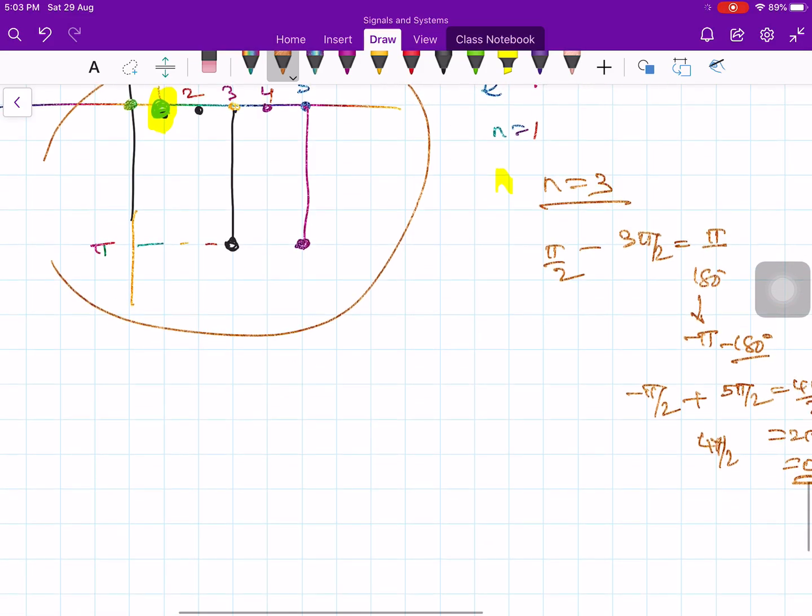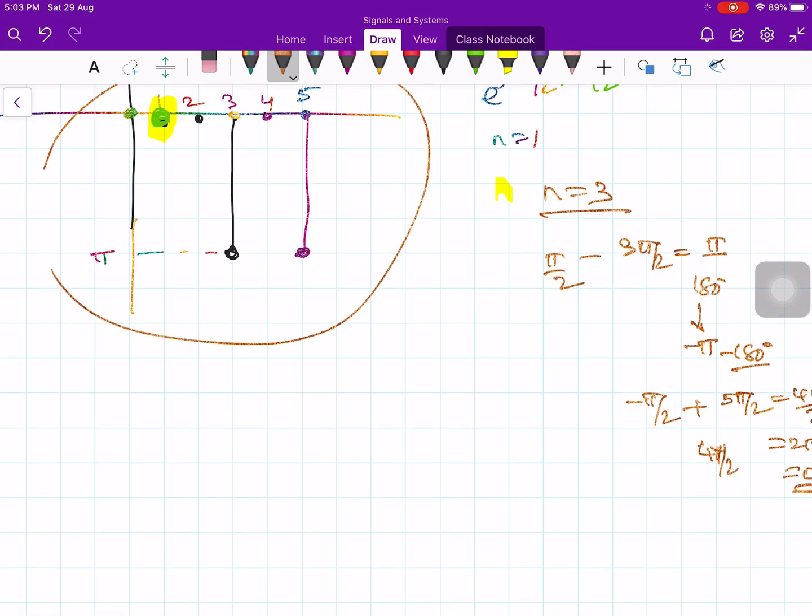If you have a periodic function, the amplitudes of different harmonics, or the ratio of the amplitudes of different harmonics, will remain the same irrespective of where you pitch your origin, because that is the fundamental property of the waveform, of how different harmonics can go together to compose the given wave.